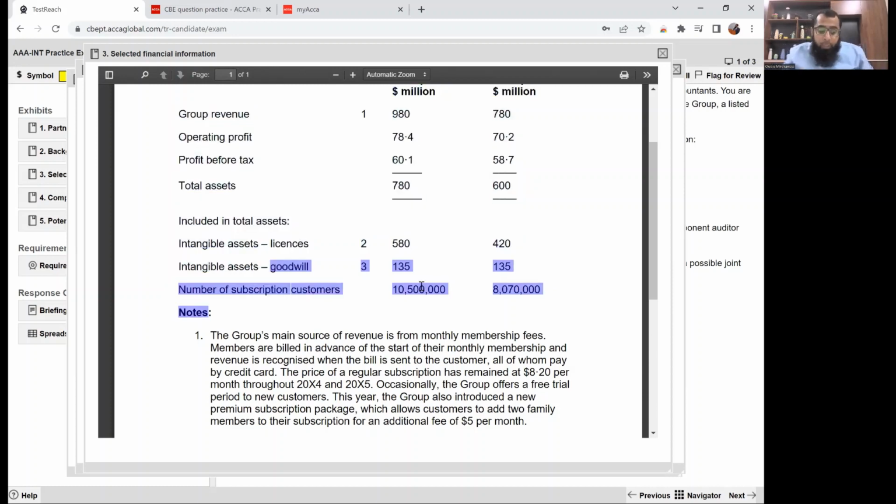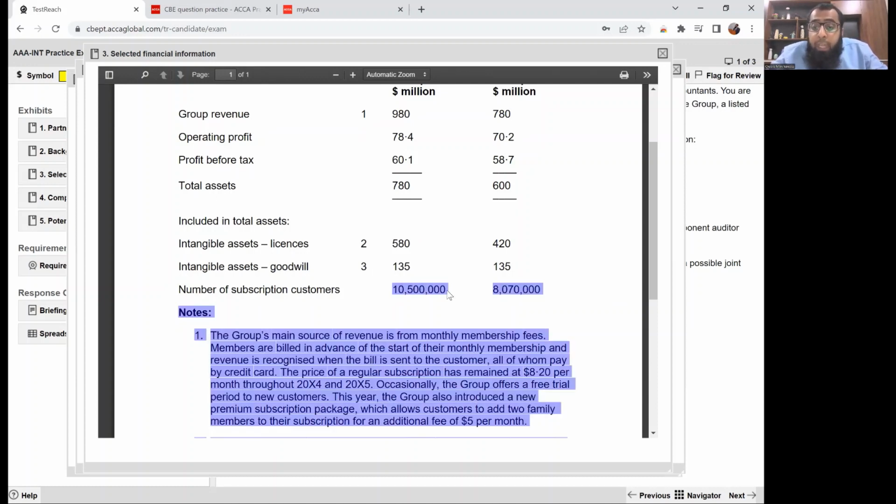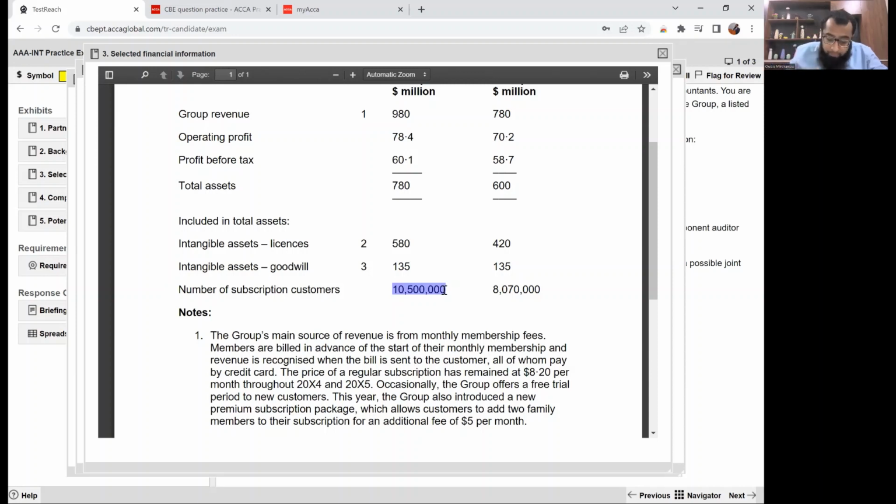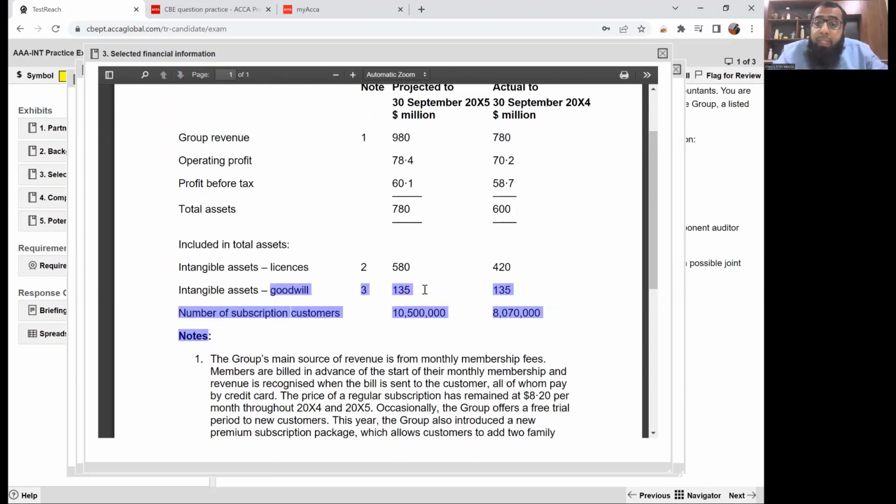So if I divide 980 million by my number of subscribed customers, 10.5 million, this gives me that my yearly revenue per customer is $93. Now this is annual. Don't get confused by looking at per month revenue. My annual revenue per customer is $93 in the current year.